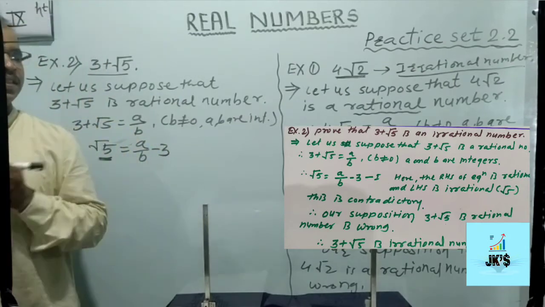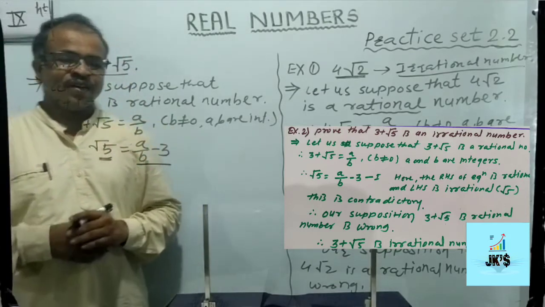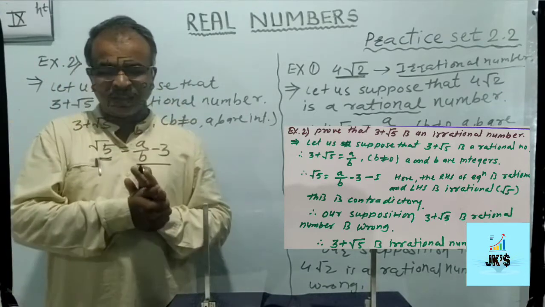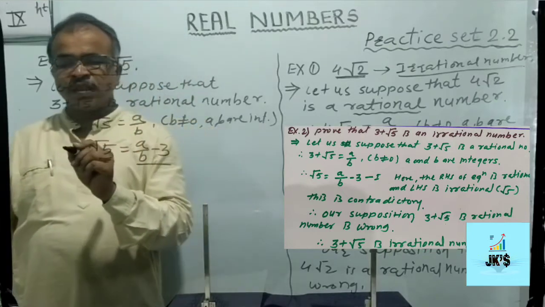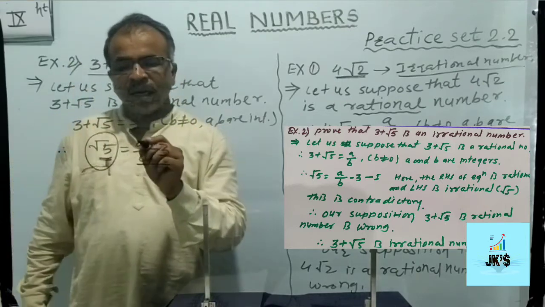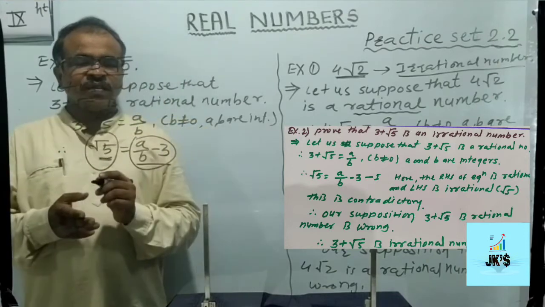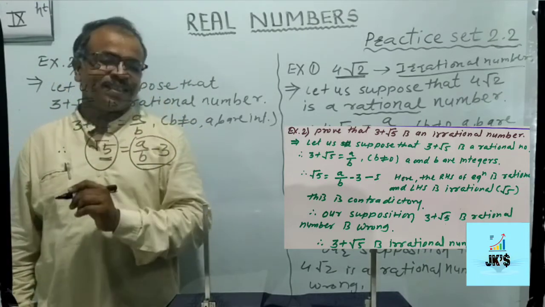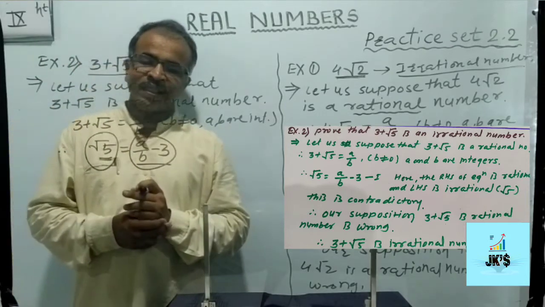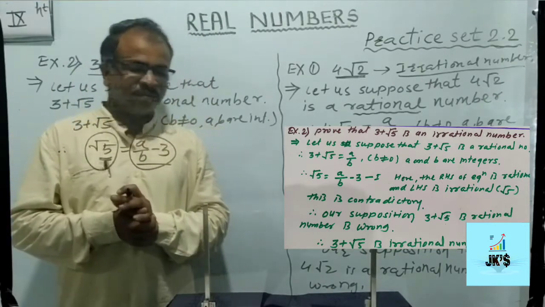Root 5 is an irrational number, and a upon b minus 3 is a rational number. So the LHS of this statement, root 5, is irrational and the RHS, a by b minus 3, is rational. Hence this is contradictory.